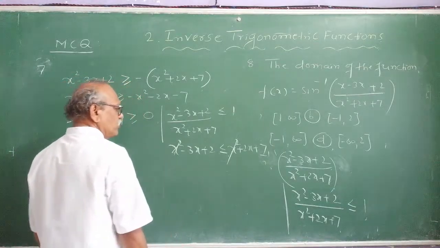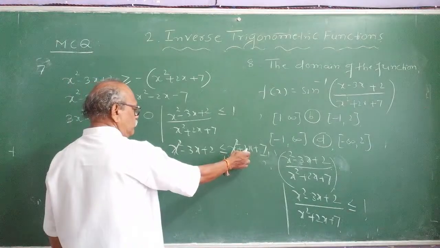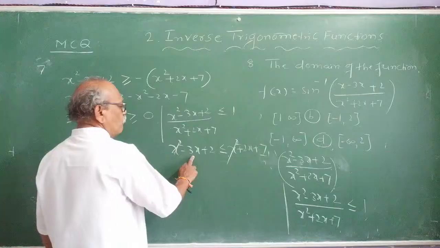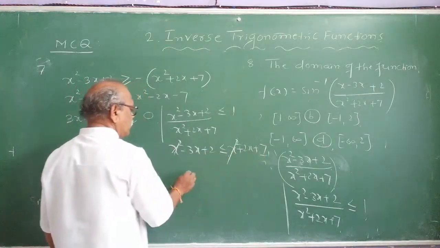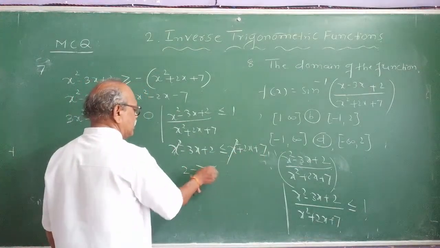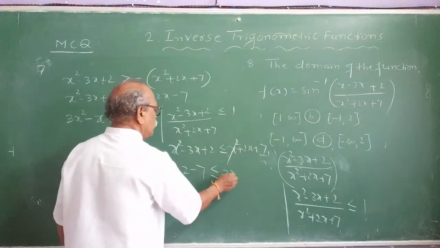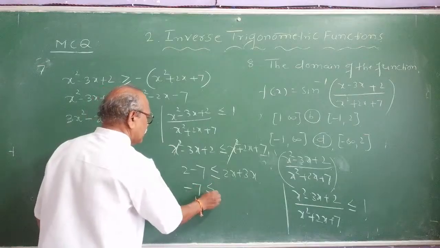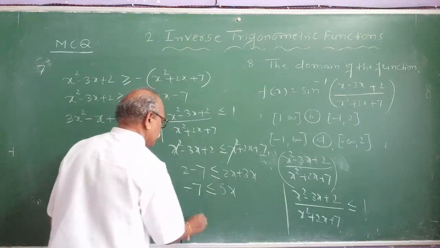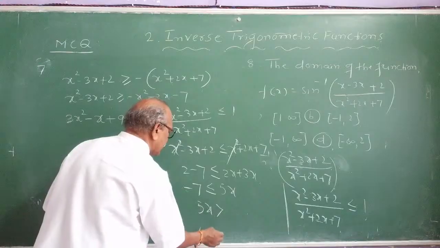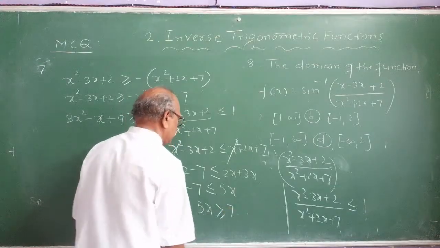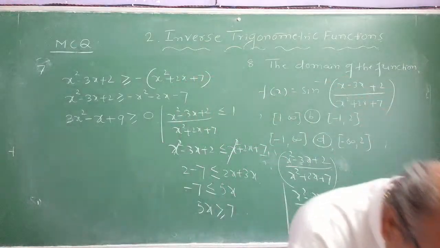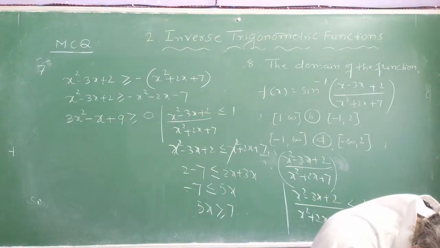Take minus 3x to the right and 7 to the left. What do you get? 2 minus 7 is less than or equal to 2x plus 3x. Minus 5 is less than or equal to 5x. And now try to get the value of x.